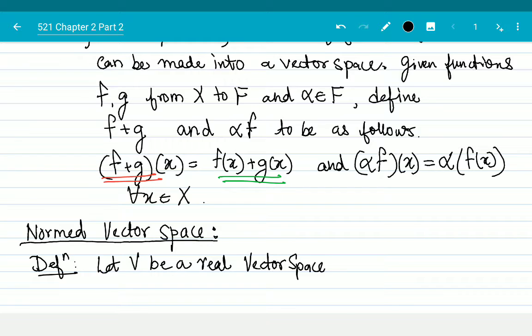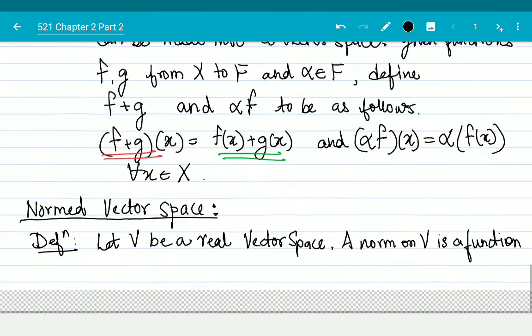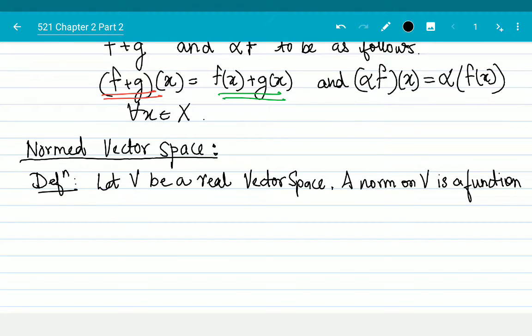A norm on V is a function generally denoted this way, with double bars on both sides. The dot has no special meaning, it's just a placeholder since we don't want to use x or something.